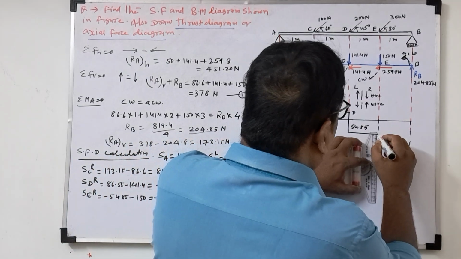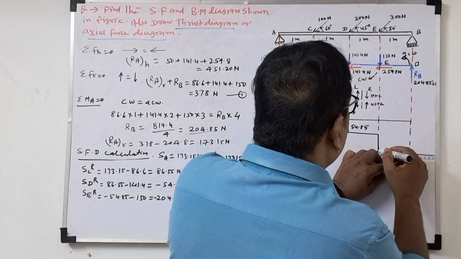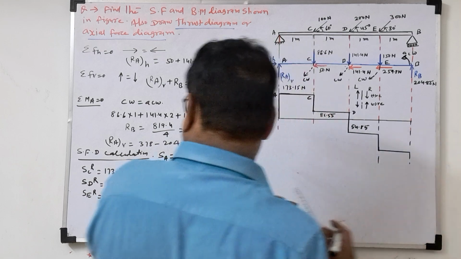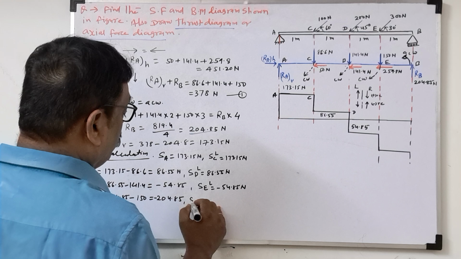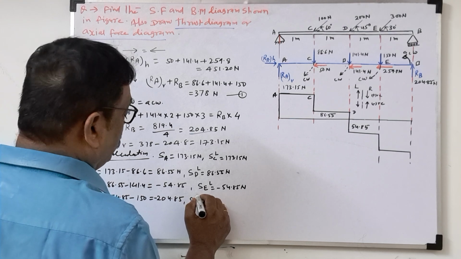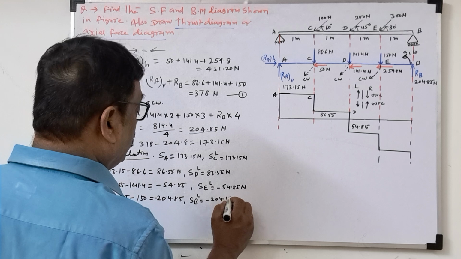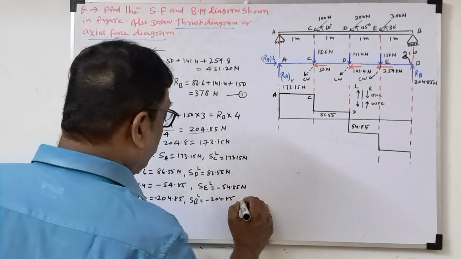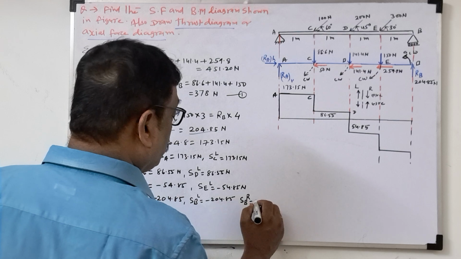It will come down here and up to this no load. Similarly here, what will we write? SB now. SBL we will write minus 204.85.